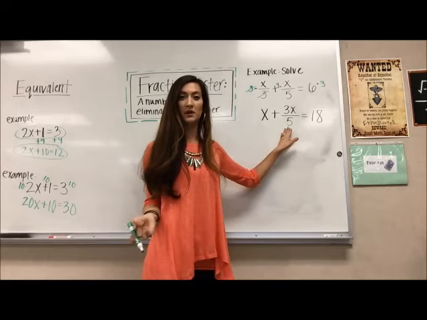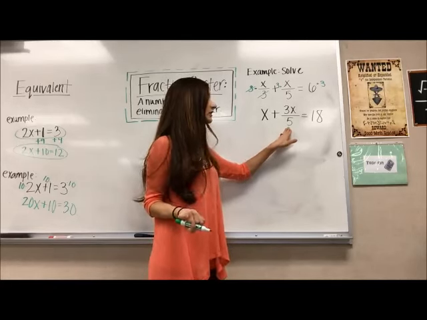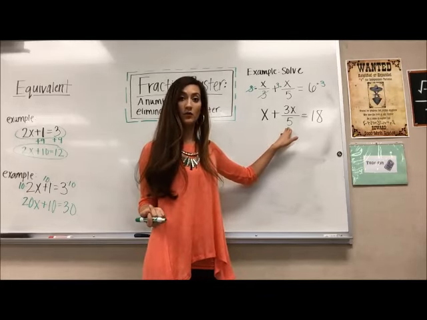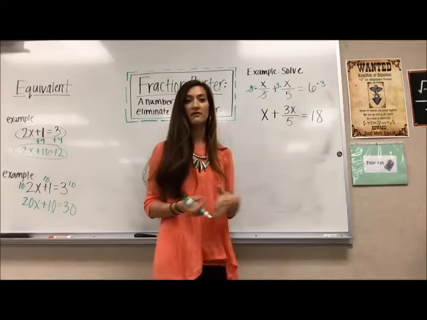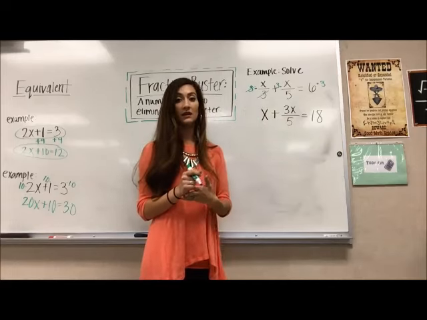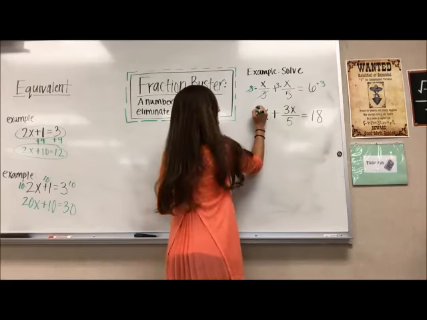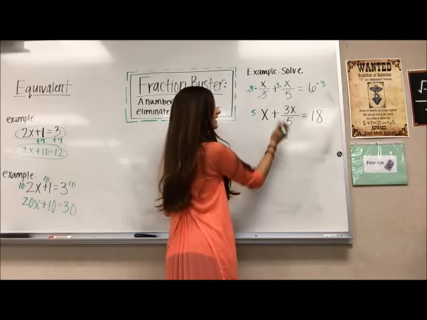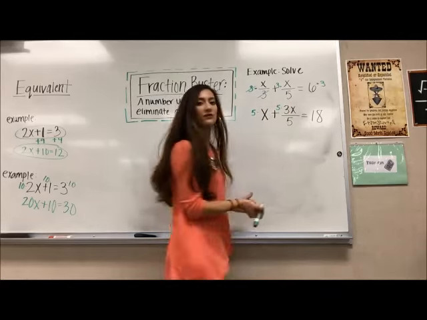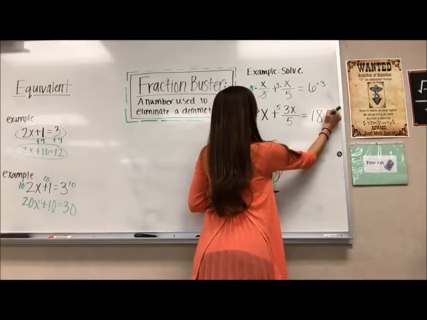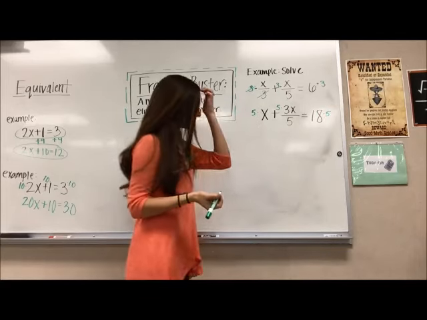This one has a denominator of 5, so what would get rid of a denominator of 5 would be multiplying by 5. Again, we need to make it equivalent, so we have to multiply everything by 5. Multiply the x by 5, multiply this fraction by 5, and multiply the 18 by 5.